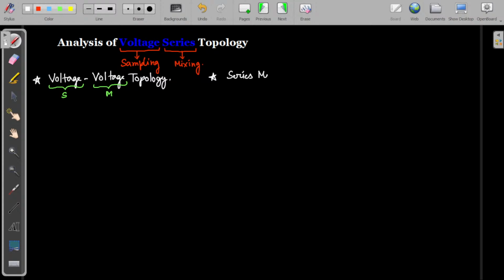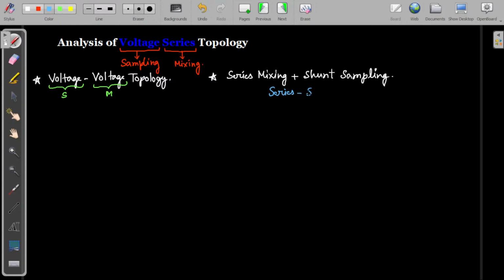So what we are doing? Series mixing plus shunt sampling. That's why आपका ये नाम कभी कभी लिखा जाता है कि सीरीज शंट.